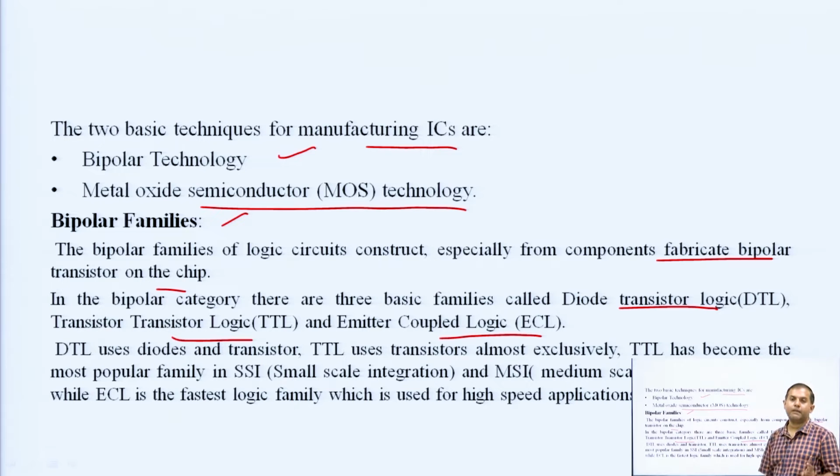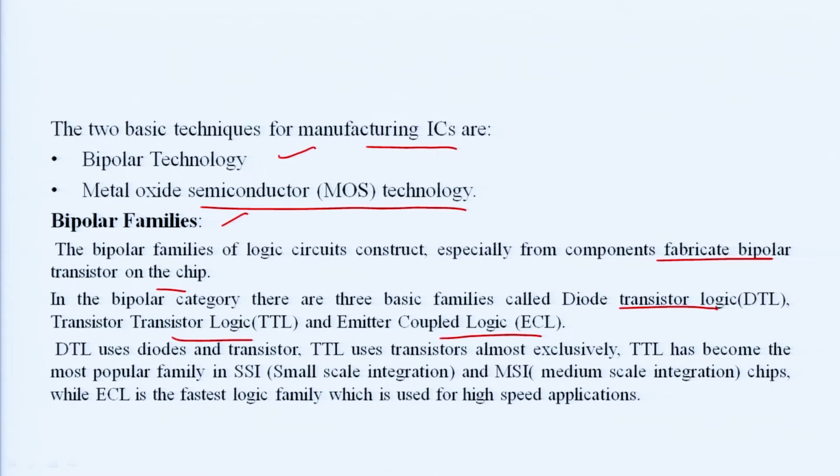DTL uses diodes and transistors, TTL uses transistors and has become the most popular family in small scale integration SSI and medium scale integration MSI chips, and ECL is the fastest logic family, used for high speed applications.